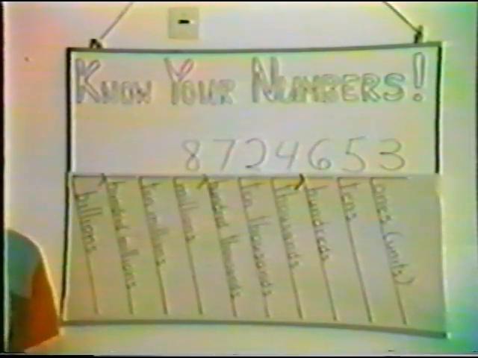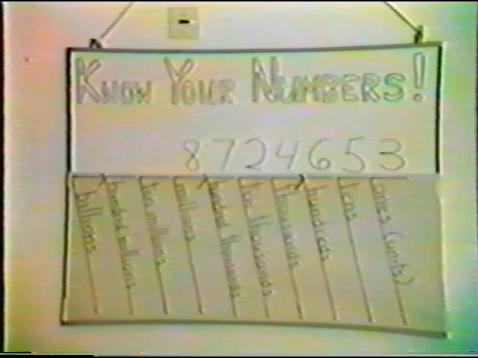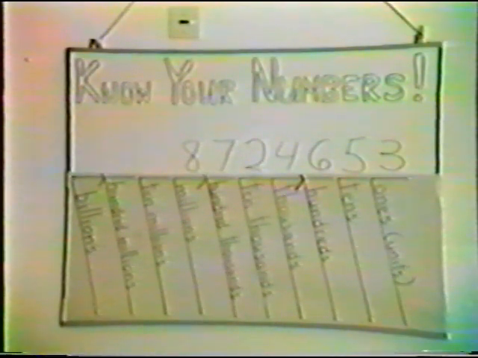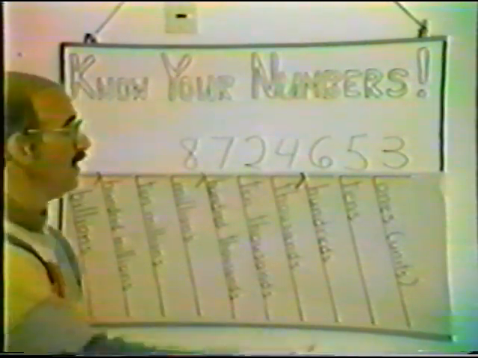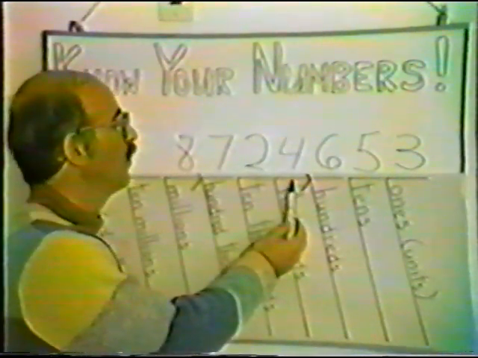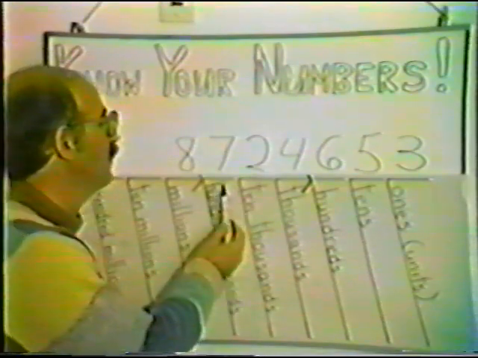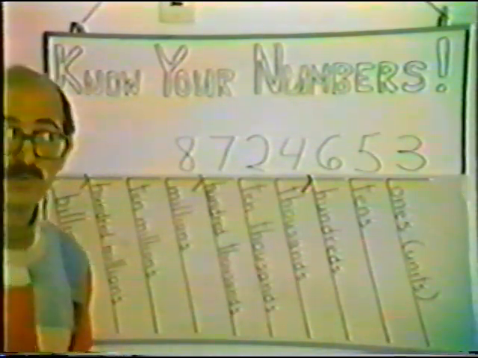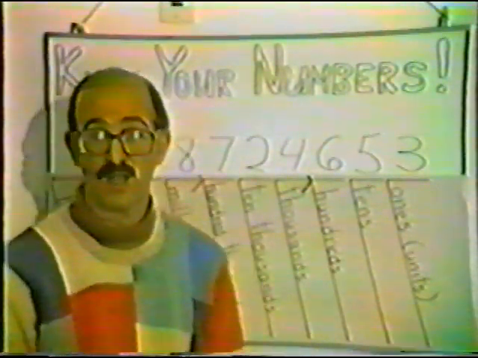Now what number do we have? 8,724,653. Now we've moved over another 3 places. 1, 2, 3. So we need to separate it with another comma.